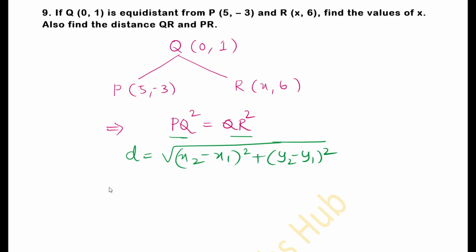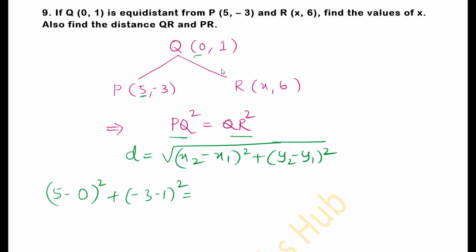Now what is PQ square? Square and square root cancel out, that is x2 minus x1. PQ: 5 minus 0 the whole square plus minus 3 minus 1 the whole square, which is equal to, we'll find out the length QR.